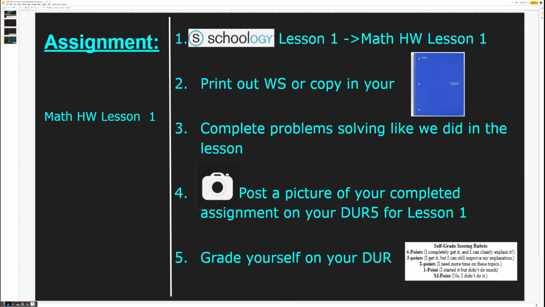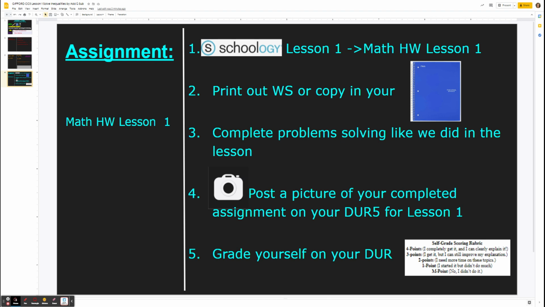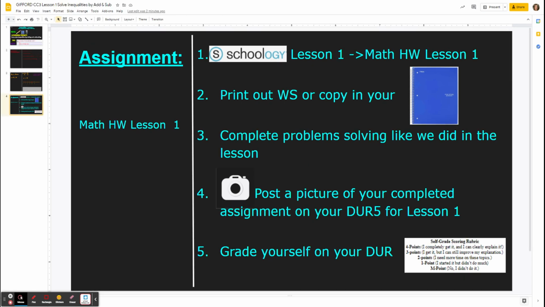No. The DUR5 inequalities. And as a reminder, this is what it's going to look like once it loads. Okay, remember these? Whoops. No, what happened?